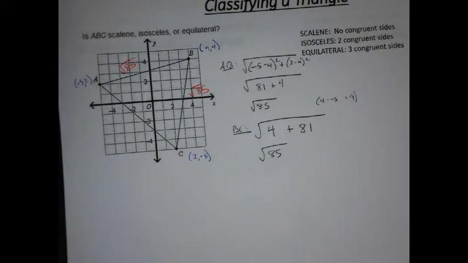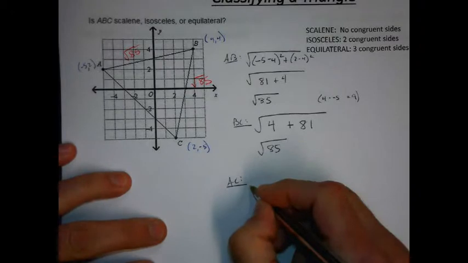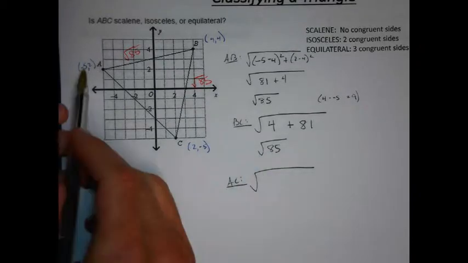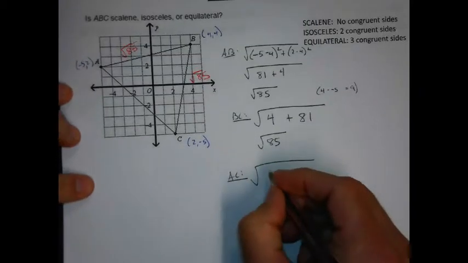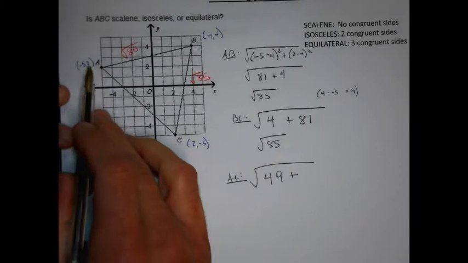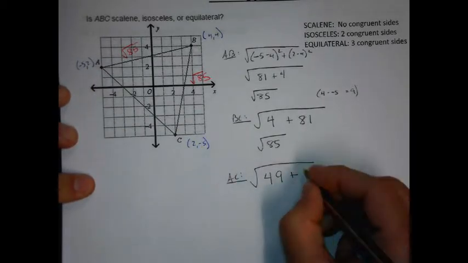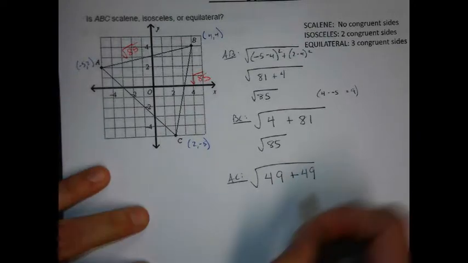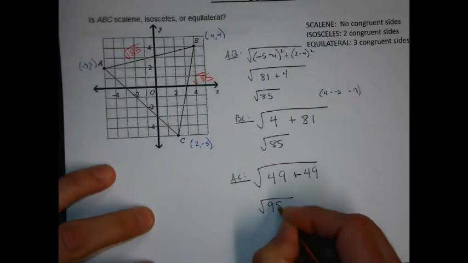All we need now is from A to C. Again, I like to keep myself organized. So how fast can we go? Negative 5 minus 2 is negative 7. 7 squared is 49. And then our y's: 2 minus negative 5 is 7. 7 squared is 49. So we have the square root of 49 plus 49, which is 98. Can we simplify that?